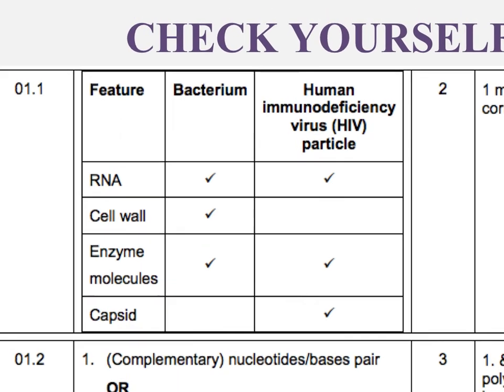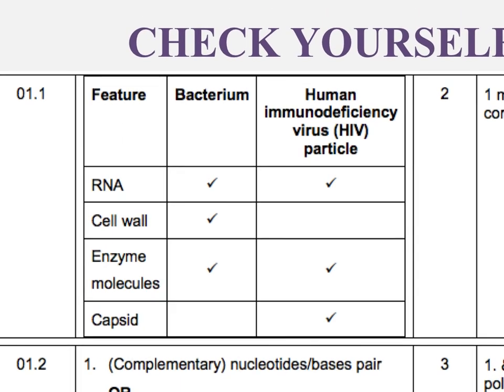So structurally, both the HIV and a bacterium have RNA. Good. The cell wall is only found on a bacterium. Remember, in the HIV, it's called the envelope. In both bacteria and HIV, we've got enzymes. We know that in HIV, they're reverse transcriptase and integrase.